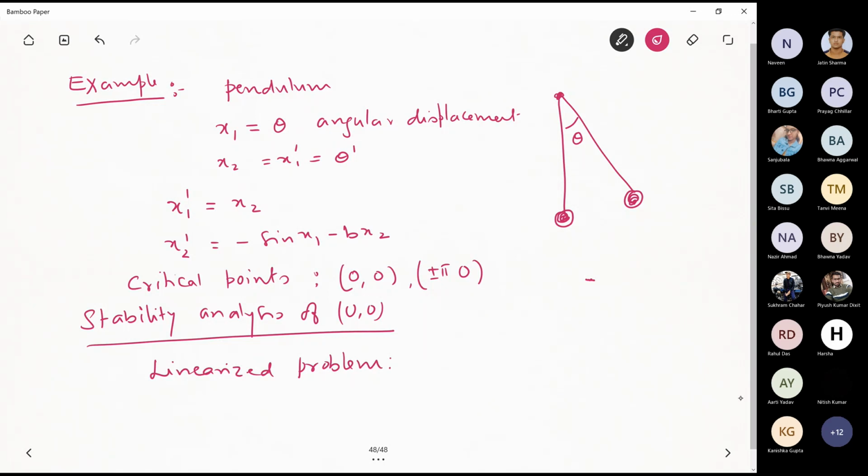So we have x1 prime equals f1, x2 prime equals f2. So we basically form the matrix where ∂f1/∂x1 and ∂f1/∂x2, and then ∂f2/∂x1 and so on, at the critical point.